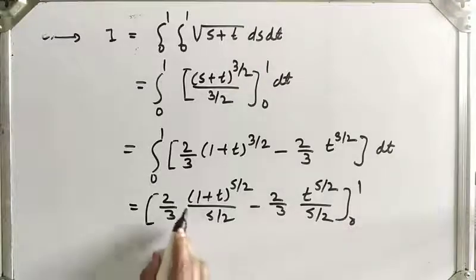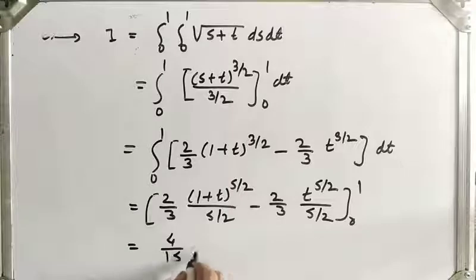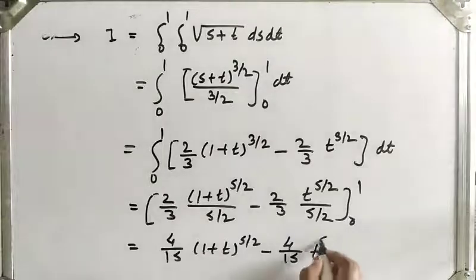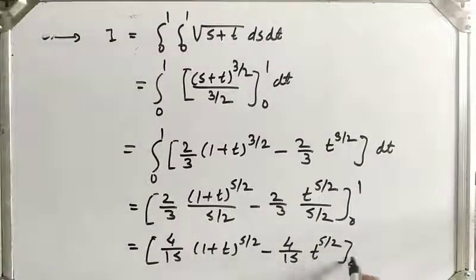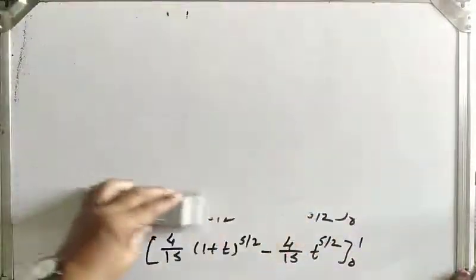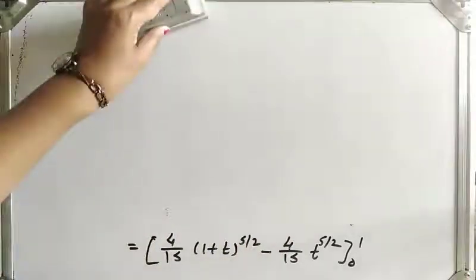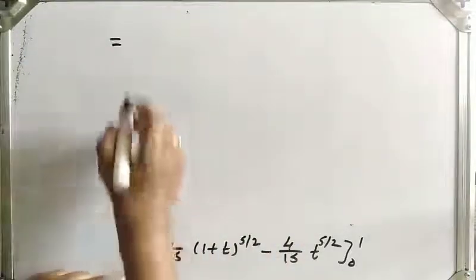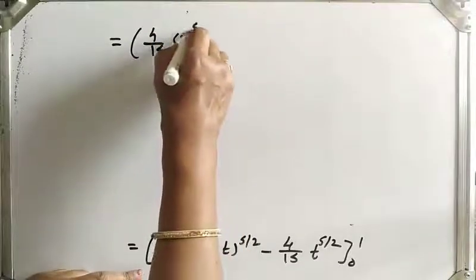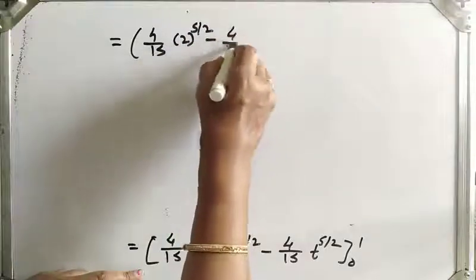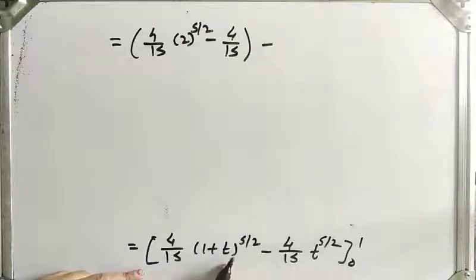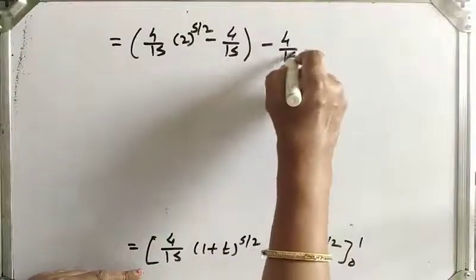Now simplify it. It will be 4 by 15 times 1 plus t raised to 5 by 2, minus 4 by 15 t raised to 5 by 2, with limits 0 to 1. Now apply limits: 4 by 15, put t is equal to 1, that will be 2 raised to 5 by 2 minus 4 by 15, t is 1, minus, now put t is 0, so this will be 0, this will be 4 by 15.